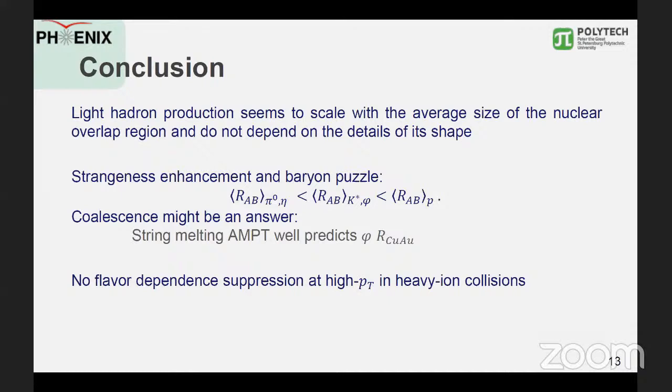Strangeness enhancement can be explained in the frame of coalescence models, which was shown for phi meson by AMPT calculations. And the last one, there is no flavor-dependent suppression at high pT in heavy ion collisions. That's all. Thank you for your attention.